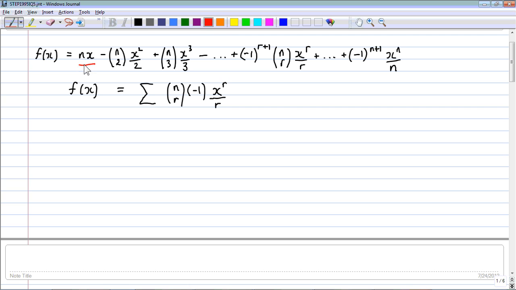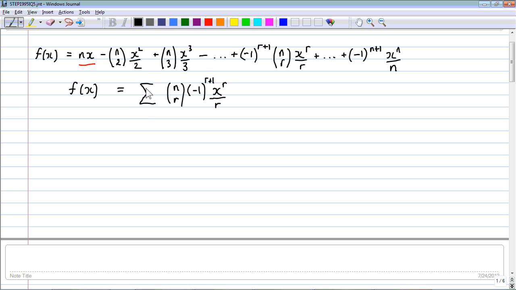We've got n choose 1 times x to the power 1. Here we've got an even power of minus 1 because it's a positive term. So we need to use plus 1 or minus 1. It doesn't actually matter which. So we'll just use r plus 1 here, because that means that when r is 1 we have minus 1 to the power 2, and when r is 2 we have minus 1 to the power 3, which is how it should be.